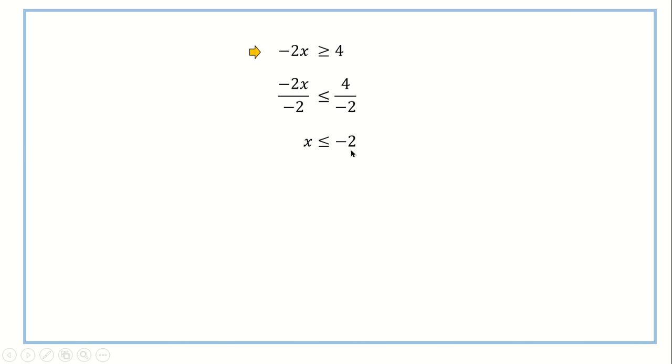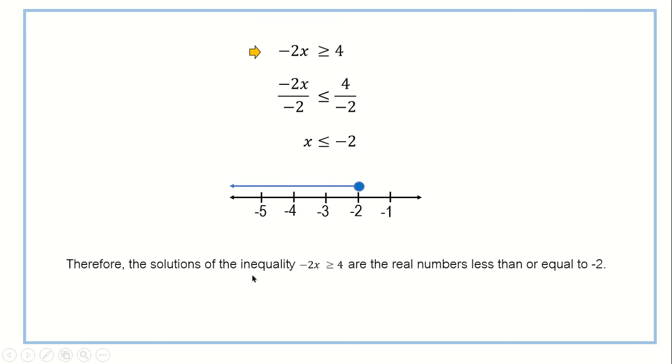So then we have x is less than or equal to -2. And because we know that the solutions are so many, we can show this on the number line. Since we are using less than or equal to, then we will use a closed circle. Okay? So therefore, the solutions of the inequality -2x is more than or equal to 4 are the real numbers less than or equal to -2.